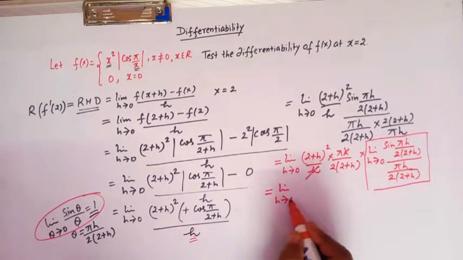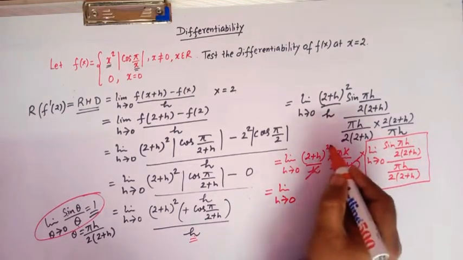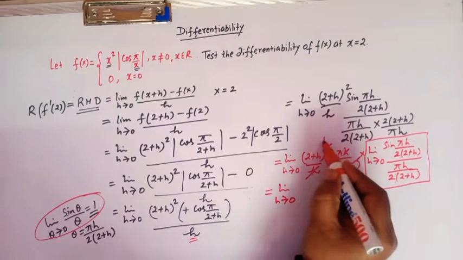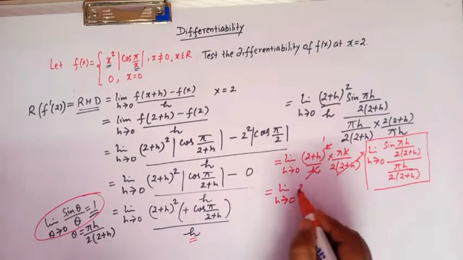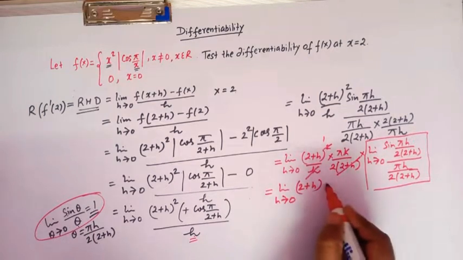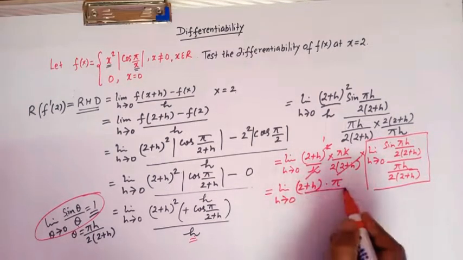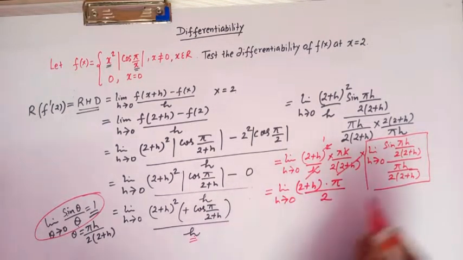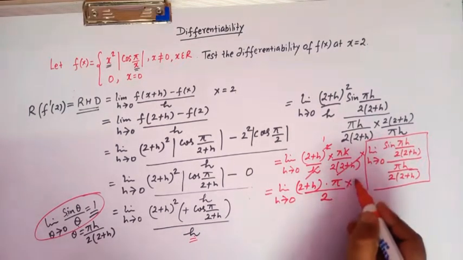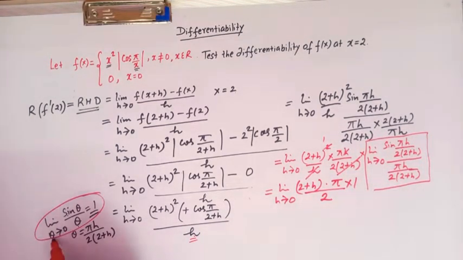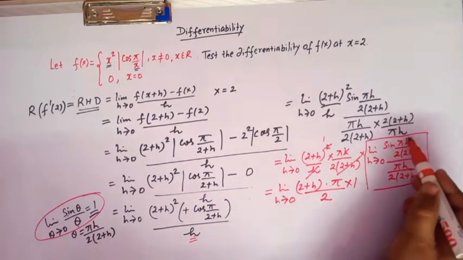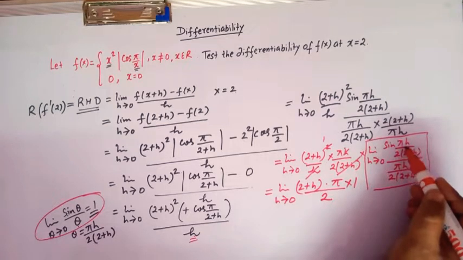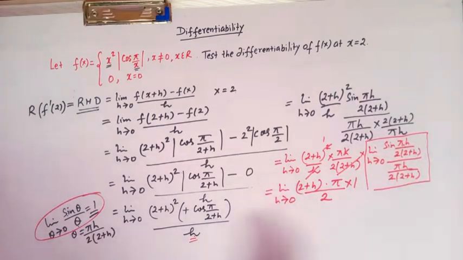And we have limit h tends to 0. Here (2 plus h) and (2 plus h) get cancelled, and we have one factor of (2 plus h) over here, and here we have pi over 2, right? And this limit becomes 1 because limit theta tends to 0, sine theta over theta is equal to 1. So here this whole angle is taken as theta, so sine theta over theta.